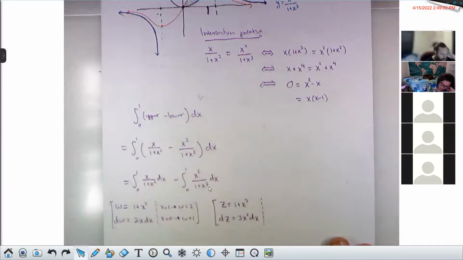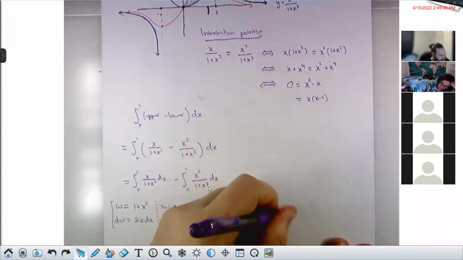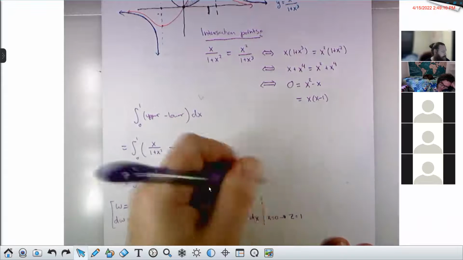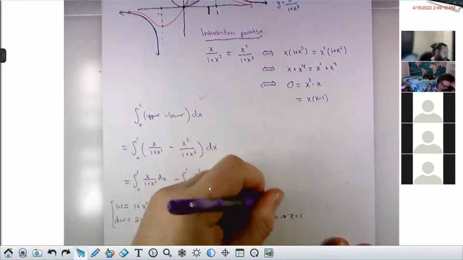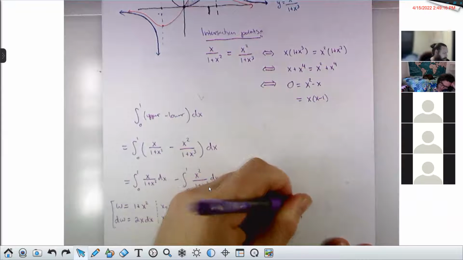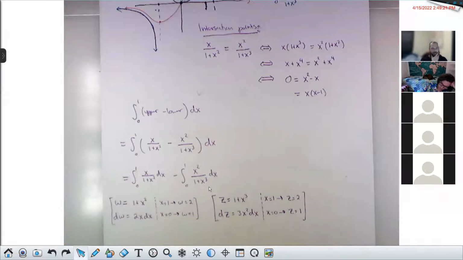And the work for the bounds here is almost identical. When we plug in 0 for x, z is going to be 1 plus 0 cubed, which is 1. When I plug in 1 for x, z is going to be 1 plus 1 cubed, which is 2. So these are the two substitutions.